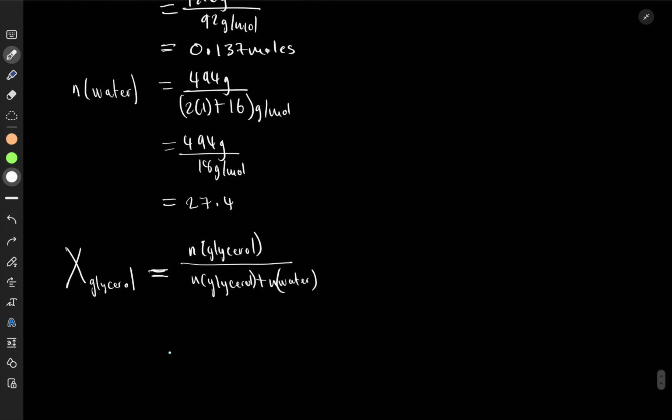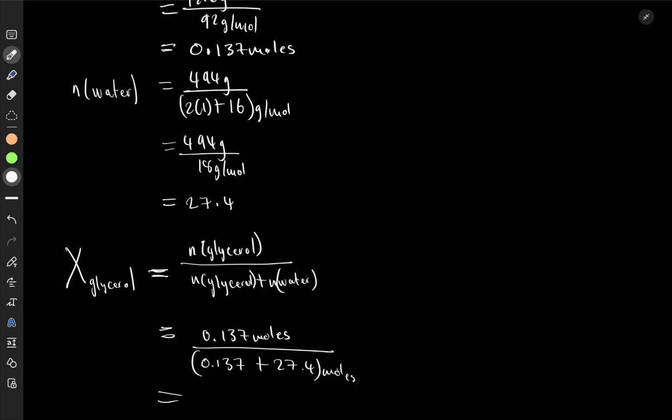So here, glycerol, what does it say? It is going to be 0.137 moles. Then divided by 0.137 moles, or plus, sorry, 27.4. We can put the moles outside to say moles. Then here, what would we get?